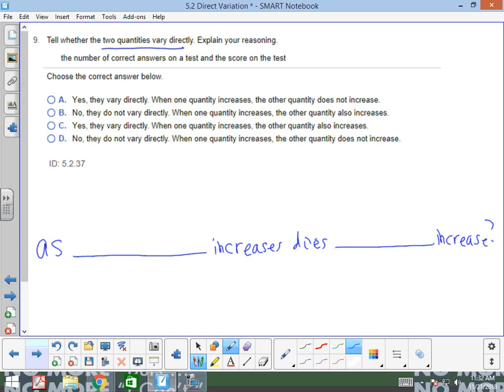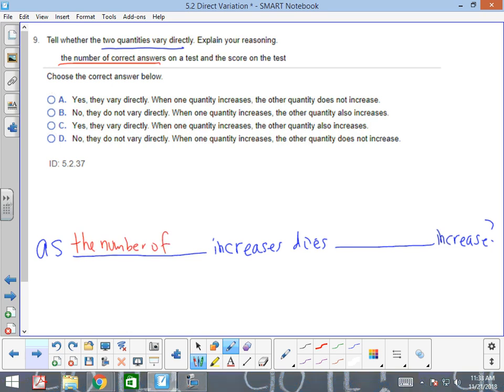Okay, so first thing we're going to write, as the number of correct answers, you can say this in your head too, I'm just writing it. As the number of correct answers increases on a test, okay, does the score on the test increase?